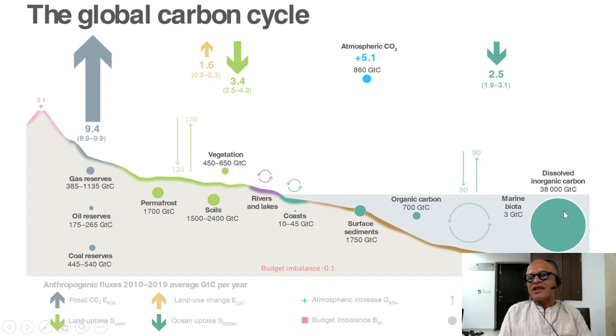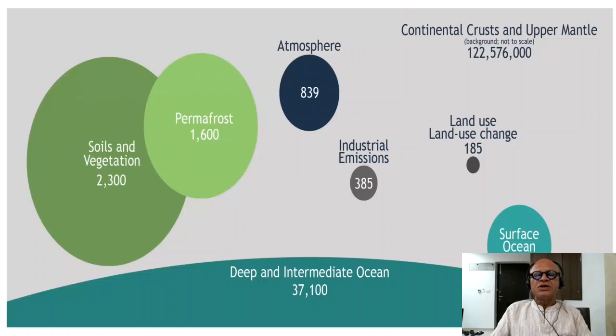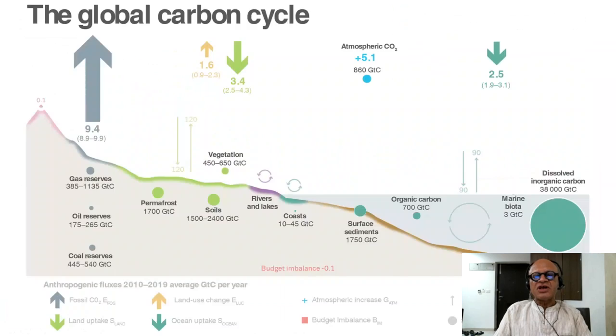relative size of the dissolved inorganic carbon in the ocean at 3800 gigaton carbon, and the atmosphere here now as of 2019 was accumulating at plus 5.1 gigaton carbon, stands at 860 gigaton carbon. So you can see that the numbers change even in these figures depending on when they were made. This says 839, the previous one said increasing at 4 gigaton carbon per year.